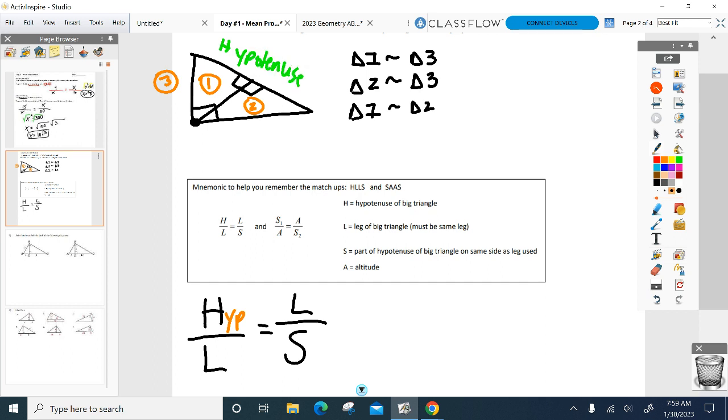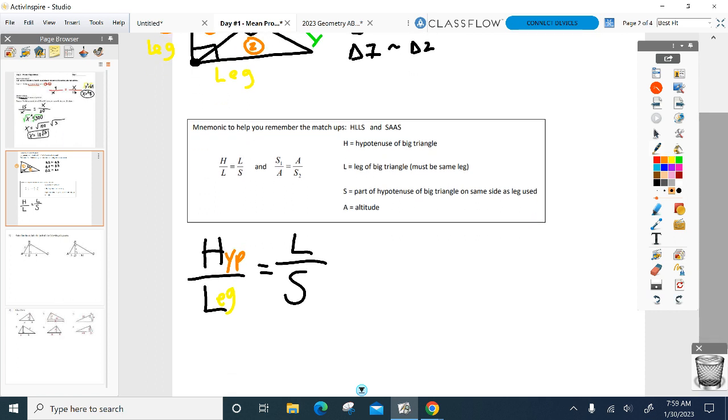This is what we refer to as the hypotenuse, right there, the hypotenuse of the large right triangle. L, leg, leg. Leg of the big right triangle. So leg, leg. That's what we mean by the L in HILLS.